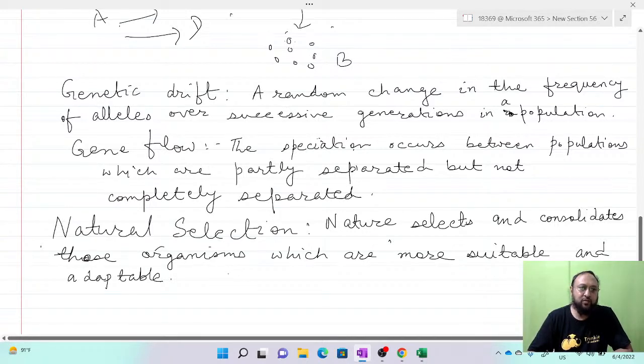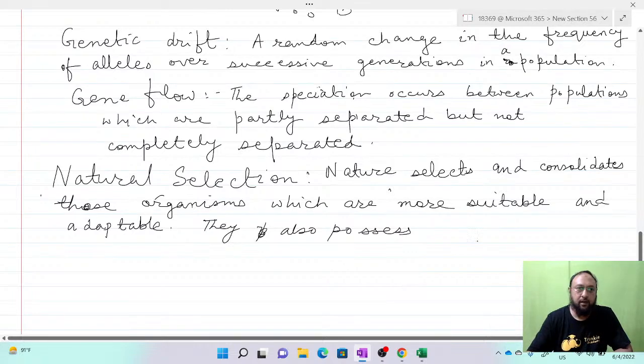So these animals, these populations or organisms, also possess various favorable variations.